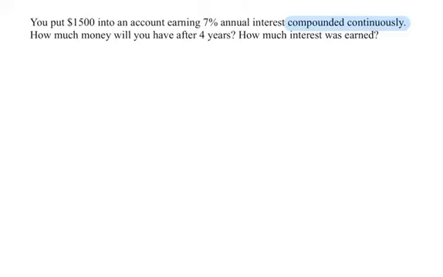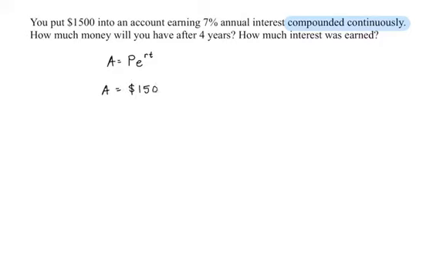Our formula for anything that's compounded continuously is A equals P E to the R times T. So that natural number E, that 2.7, helps us calculate interest compounded continuously. So not much is going to change though.